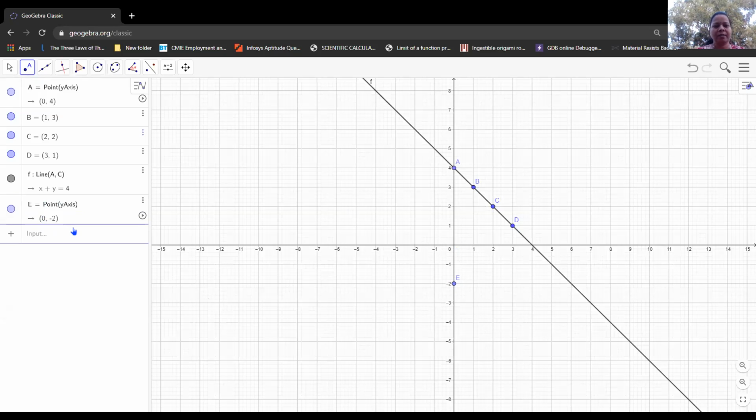The second point is 1, 0, which lies on the x-axis. So the second point F is 1, 0.